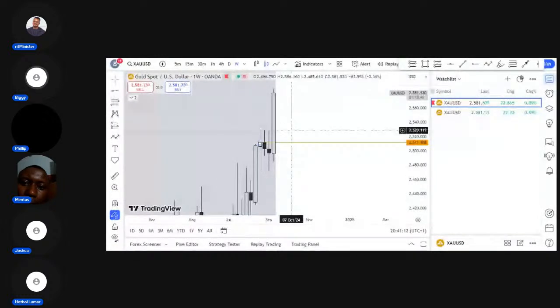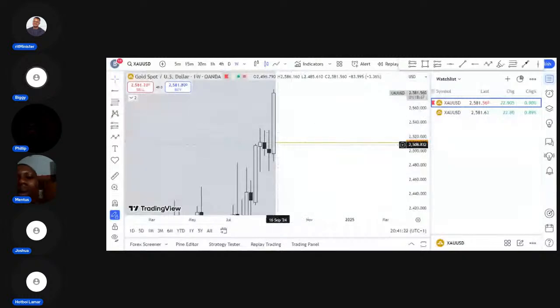When price comes to here, this is where you'll be looking for your entries on the daily time frame.